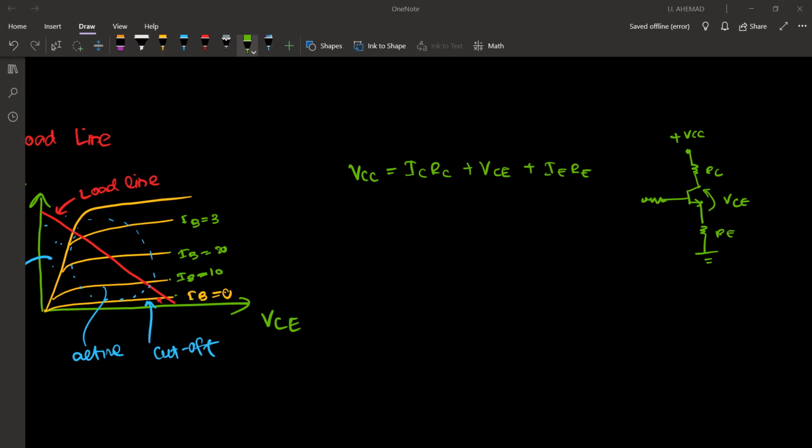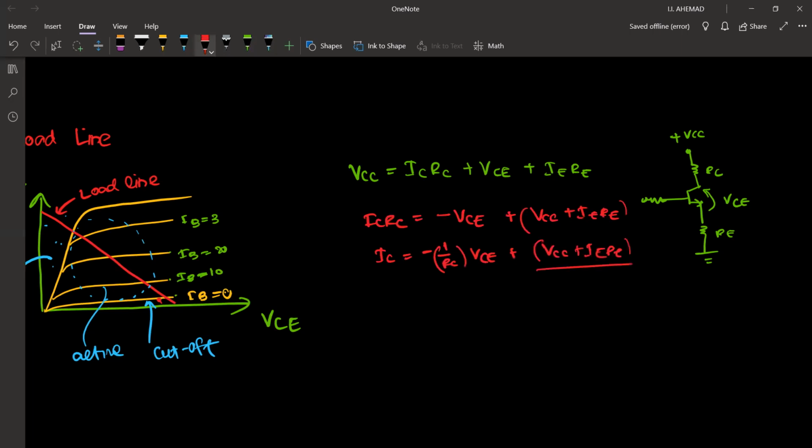Here I'll get IC as the subject. So I have ICRC is equal to minus VCE plus VCC plus IERE, and IC is equal to minus 1 over RC times VCE plus VCC plus IERE over RC.